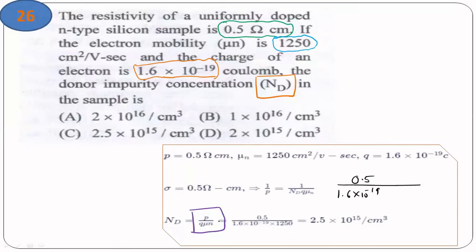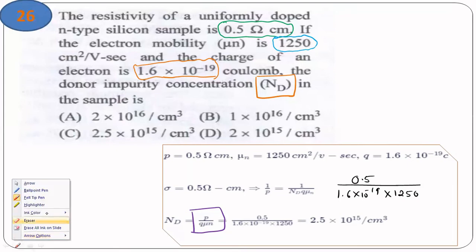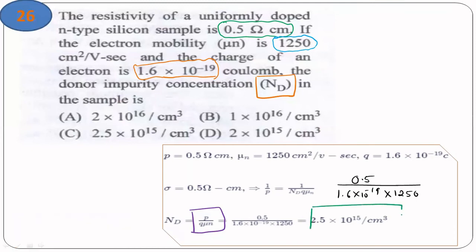So mu n is nothing but the electron mobility, which is 1250. If we solve for this, we get the answer as 2.5 into 10 to the power 15 per centimeter cube, which is option C. The answer for this question is 2.5 into 10 to the power 15 per centimeter cube.